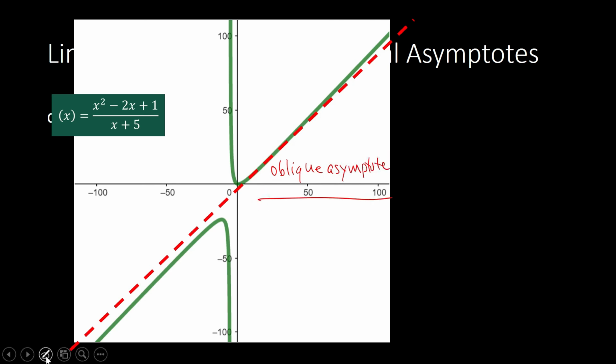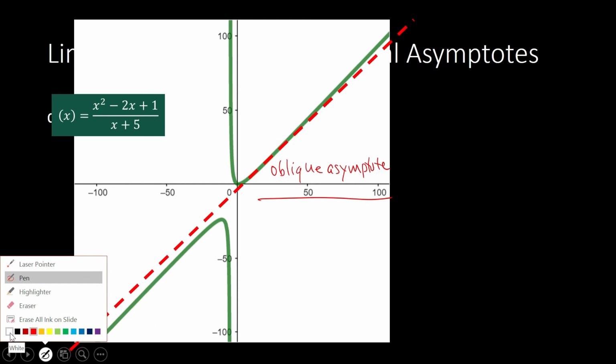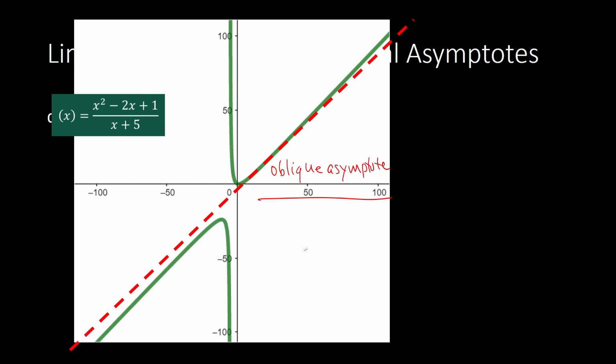The question now is, what is the equation of this line? How do you find the equation of this line? Well, this is what you do. You divide the numerator, x squared minus 2x plus 1, by the function in the denominator.